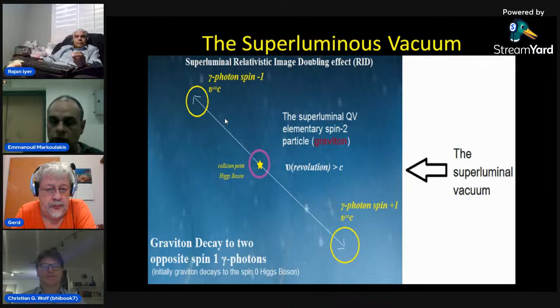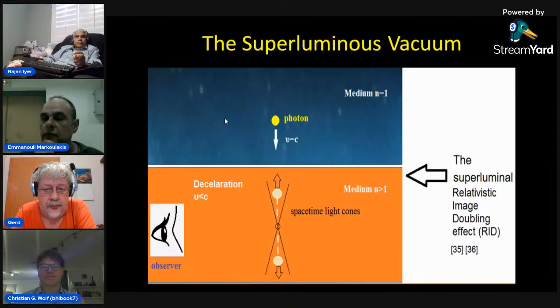So here we come to a real existing phenomenon, which is known, and you can use the citations in my paper for reading about it. It's a superluminal phenomenon called the relativistic image doubling effect, or in short, RID.